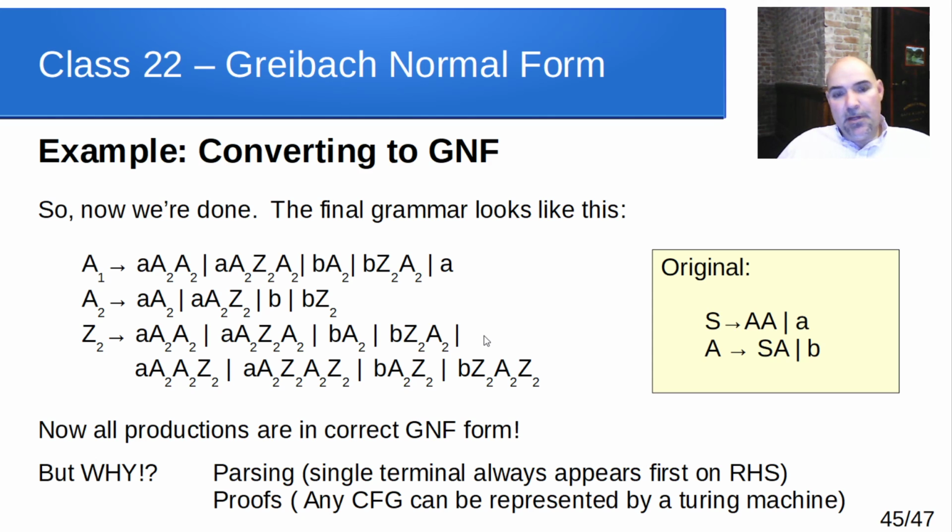Something like predictive parsing could be aided by that, because a single terminal always appears first on the right-hand side. And not only that, but every step of a derivation with a grammar in Greibach normal form is going to essentially only match a single terminal before it moves on to the next part.